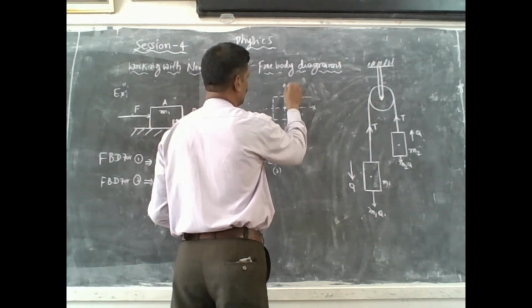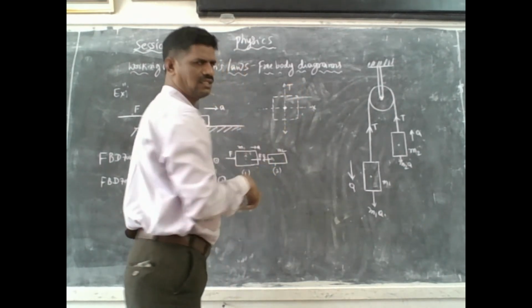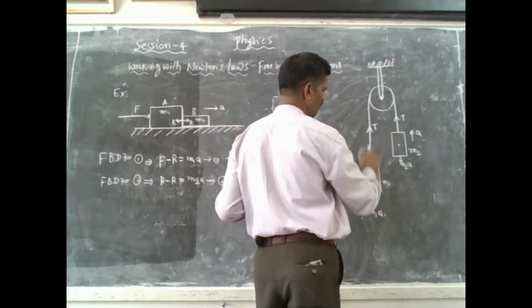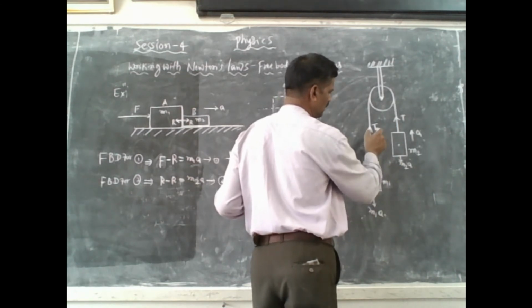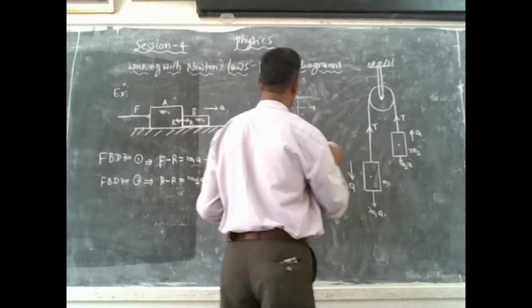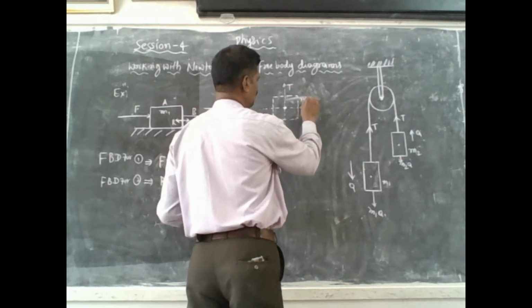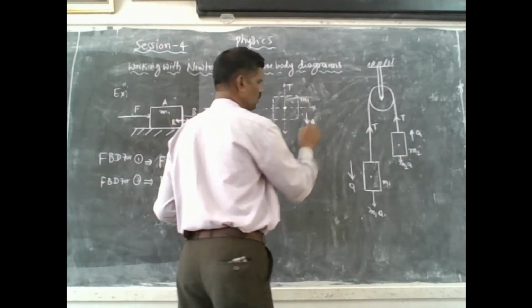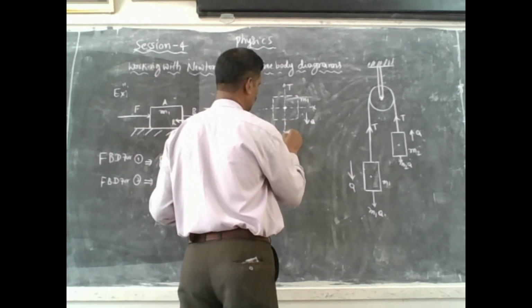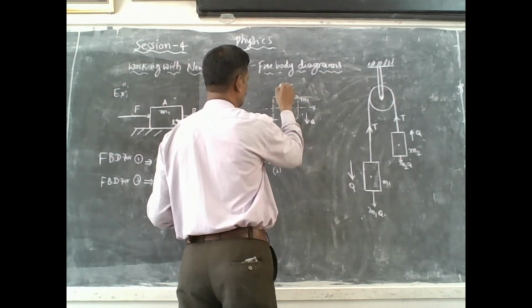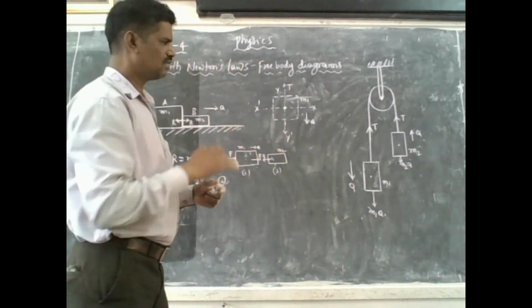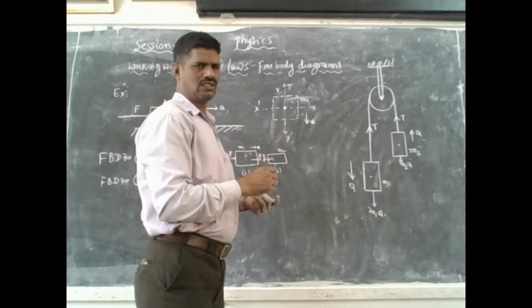Along y-axis only tension is there, because the tension is away from the body. This is the body and tension is away from the body in both the cases, isn't it? The acceleration is in upward direction for M2, and for M1 it is in downward direction due to the heavier mass, isn't it? This is in y and x dash, and there is no motion along the x-axis. Therefore, the total force Fx is equal to 0.